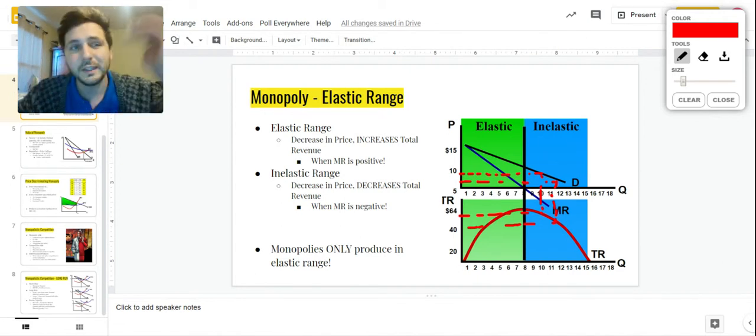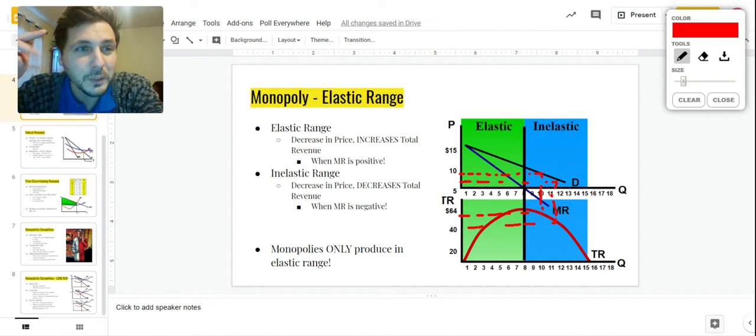So by decreasing my price, my total revenue went down. This should make logical sense. It's because marginal revenue is negative. An additional unit being sold decreases my marginal revenue into the negative, so my total revenue goes down.